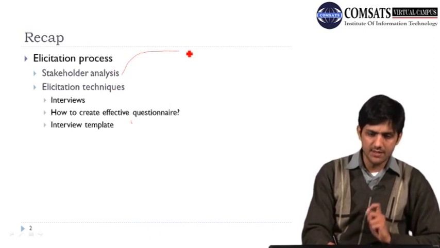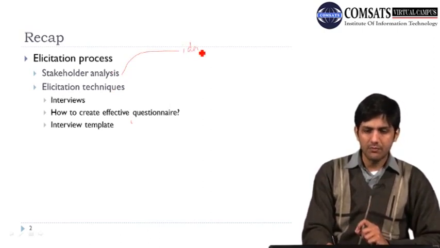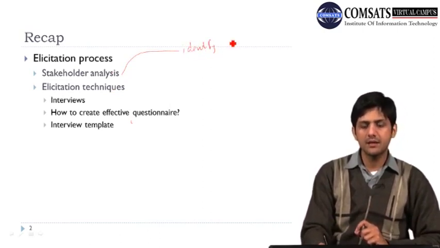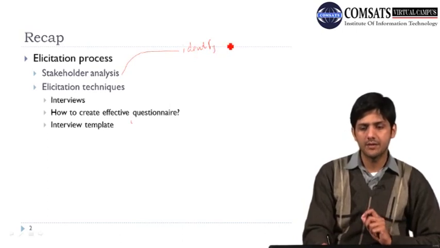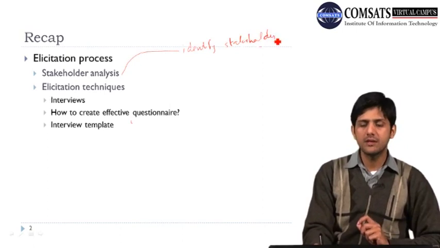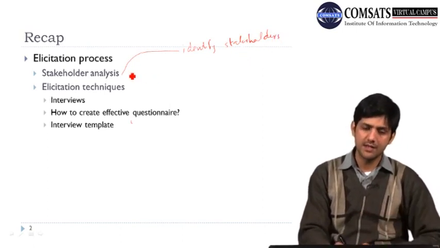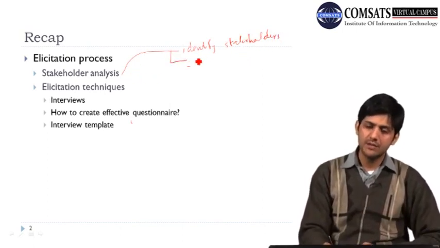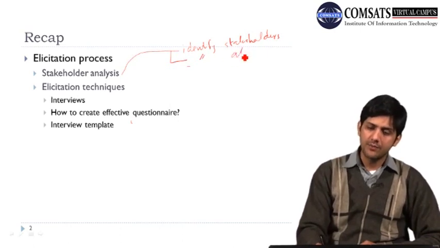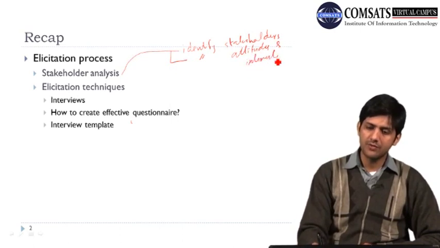So when we say stakeholder analysis, it's not only about identifying. One aspect is to identify stakeholders. But that's not the only thing that we do. The other thing we do is try to identify the attitudes and interests of different stakeholders.